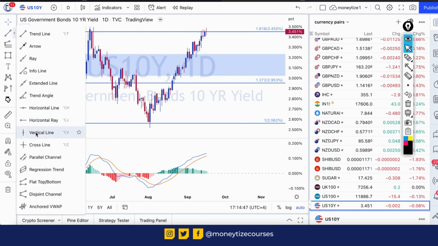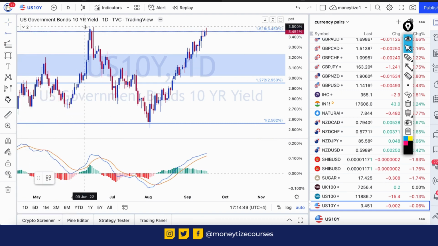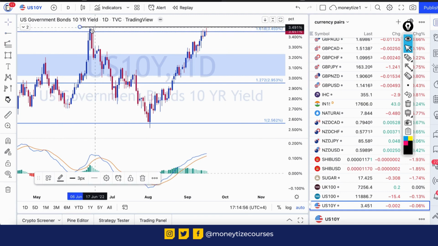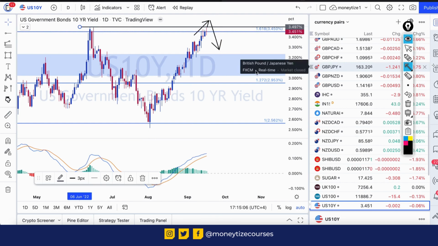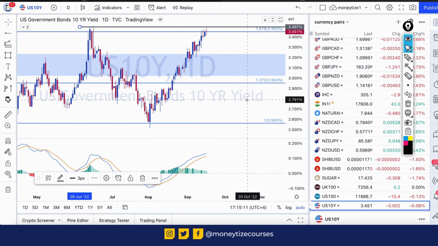So I still feel we have room for one more push to the upside, and it may clean the previous high, because the previous highs are still intact, so it has not cleaned. It may take the orders from here and then push to the downside. So everything looks bullish on the daily as well.